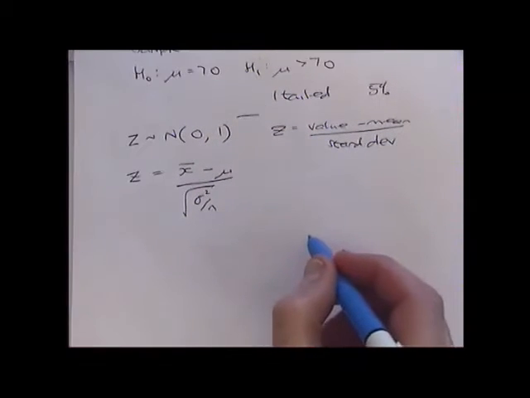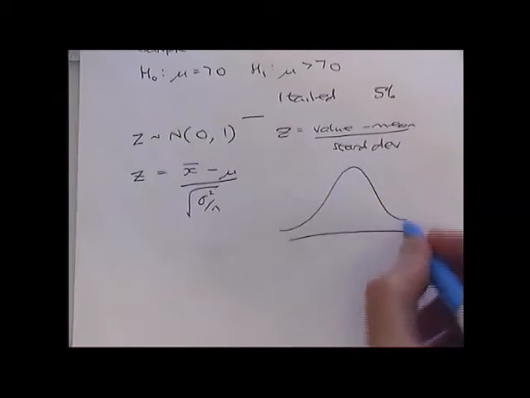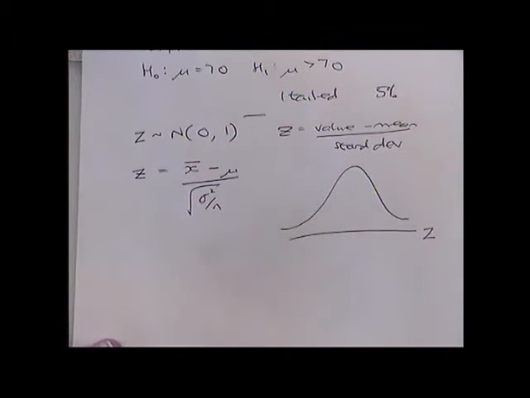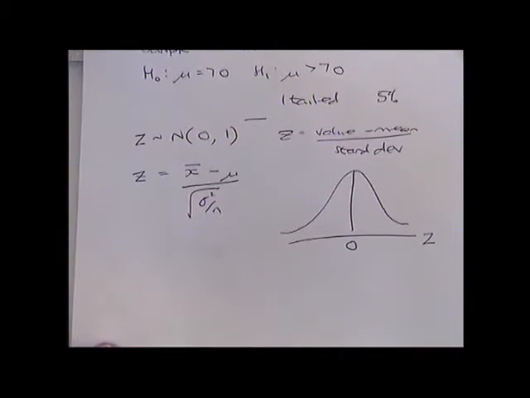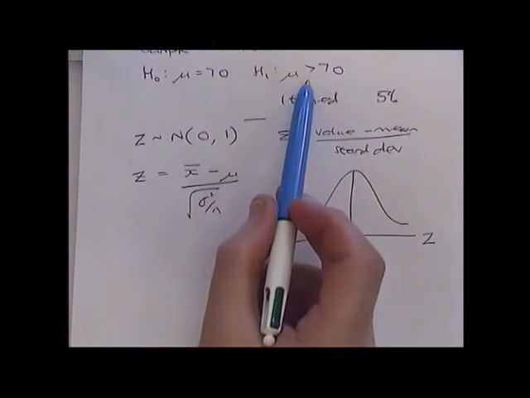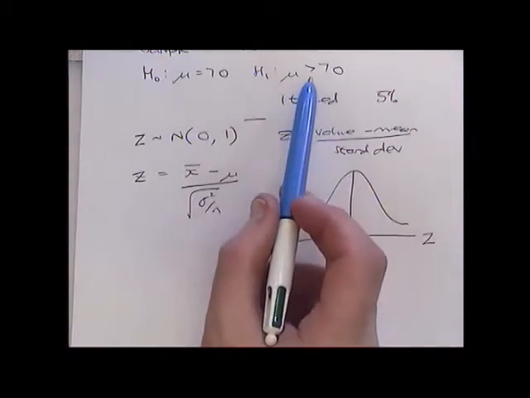Now, if we just draw a sketch, this is in terms of Z, where it has got a mean of 0. Are we interested in this question in the upper tail or the lower tail? How do we work that out? Yeah, we're interested in the upper tail because of that inequality sign there.